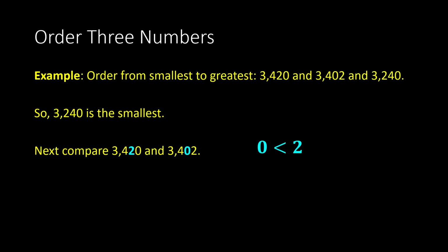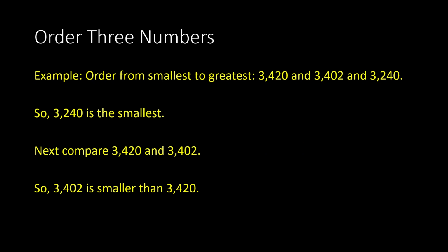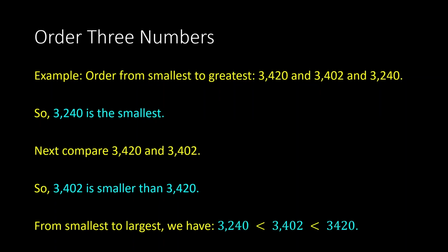And therefore, of course, 3402 is smaller than 3420. And putting all these facts together, we have that 3240 is the smallest and is less than 3402, which is less than 3420.